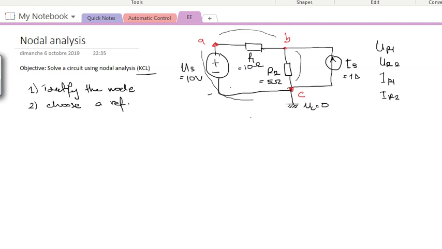Let's say UA is basically the voltage between A and C, UAC.